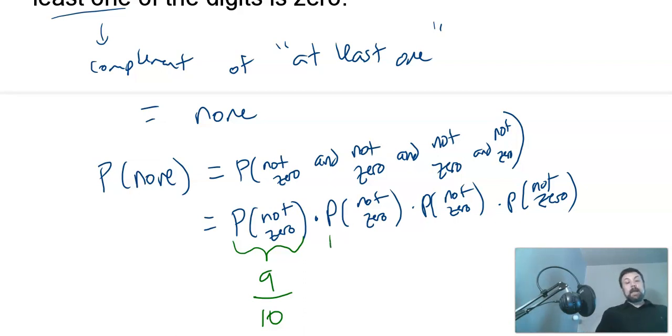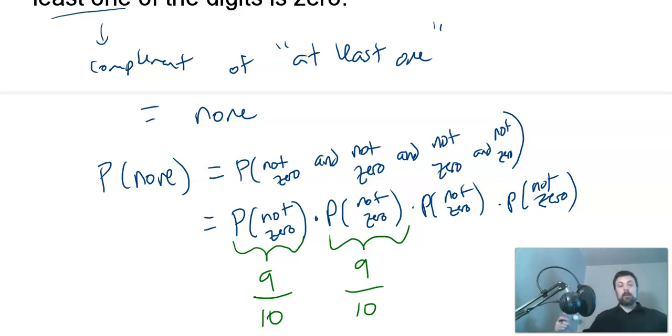Now when I go to pick the second number, because it's with replacement, because I can choose the same number twice, I'm back to having 10 numbers to choose from. And out of those 10 numbers, 9 of them are not 0. And so again, these are independent events. Picking a non-zero digit for the first digit does not affect the probability of getting a non-zero digit for the second one, because we can still choose from the same number of digits.